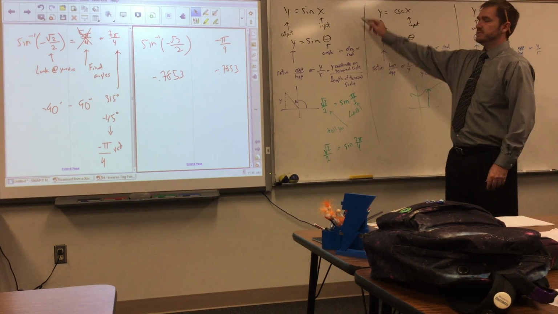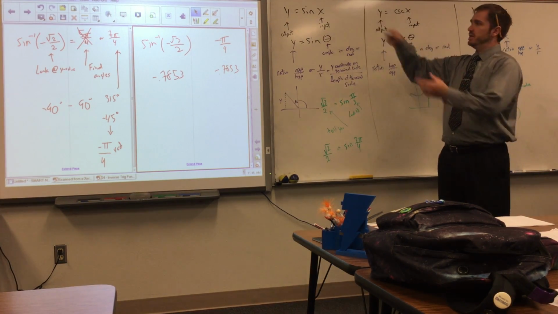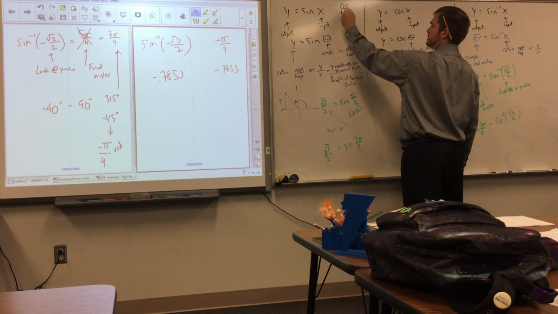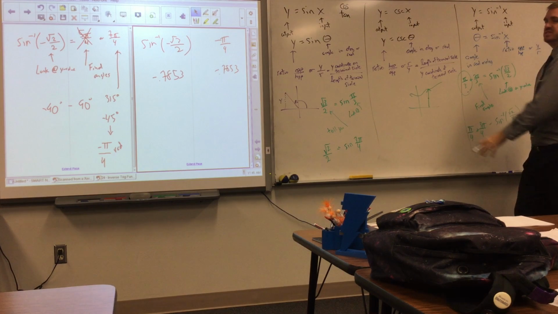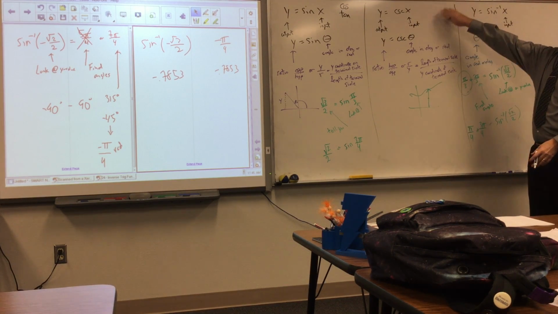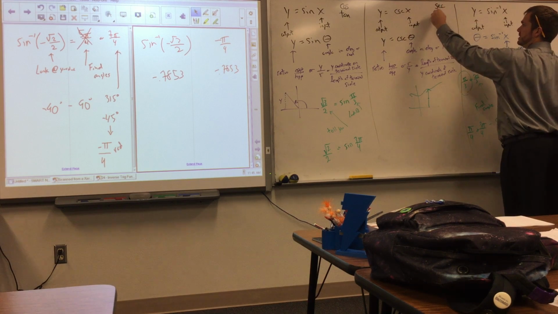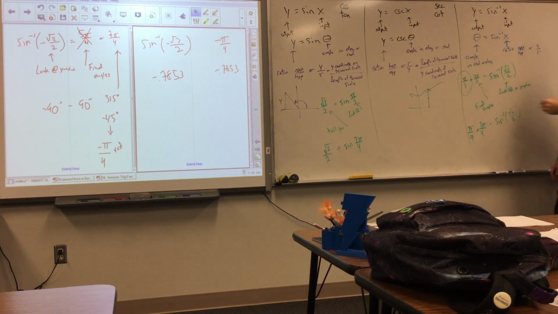What are the other functions that fit into this category? There's sine, there's also cosine, and there's also tangent. The reciprocal functions: there's cosecant, secant, cotangent. With inverse sine, there's also inverse cosine, inverse tangent.